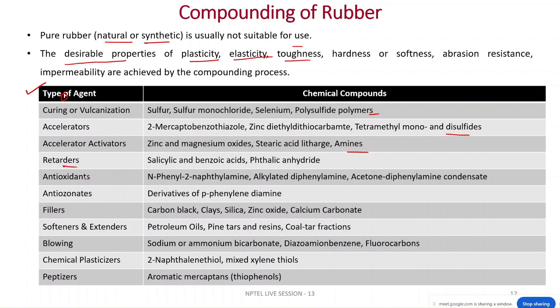Retarders to stop the reactions of polymerization are salicylic acid, benzoic acid, phthalic anhydride. Antioxidants are N-phenyl 2-naphthylamine, alkylated diphenylamine, acetone diphenylamine condensate.